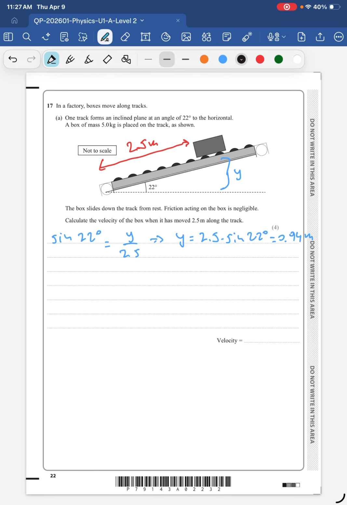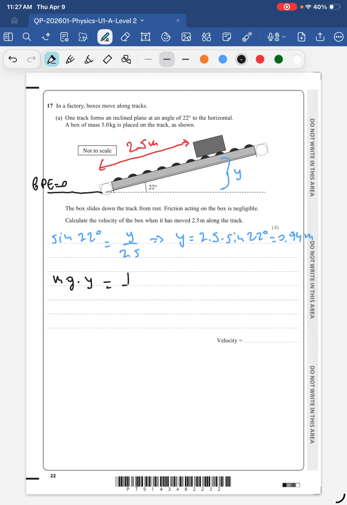To find the velocity of the box when it moves 0.94 meters in the vertical direction, we use conservation of energy. So basically mg times y, which is the gravitational potential energy when it's up there, is equal to the kinetic energy if we take gp to be 0 at the ground level.